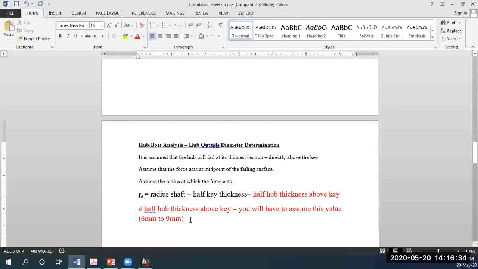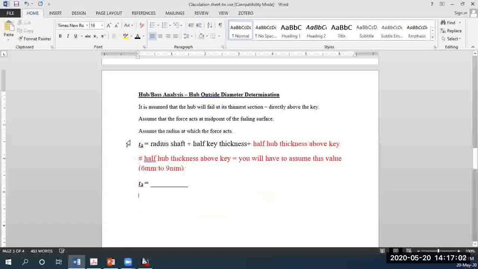So what you will have here at the end is RE, the assumed radius, which is equal to this sum. Once you find this out, that's the first thing you do, right?